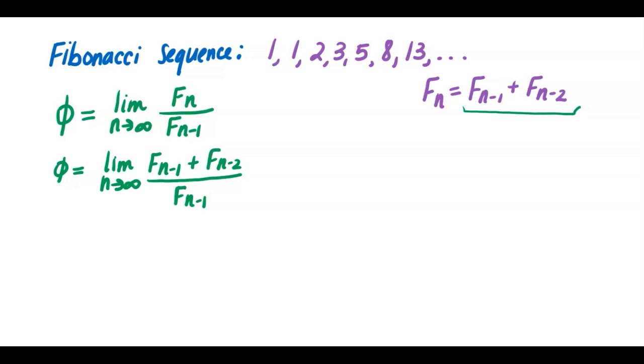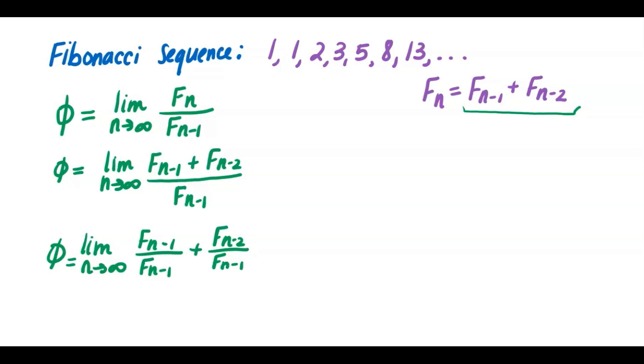From here, I'm going to do a little bit of algebra. I'm going to divide each of those terms over the common denominator. So I would get f of n minus 1 over f of n minus 1 plus f of n minus 2 over f of n minus 1.